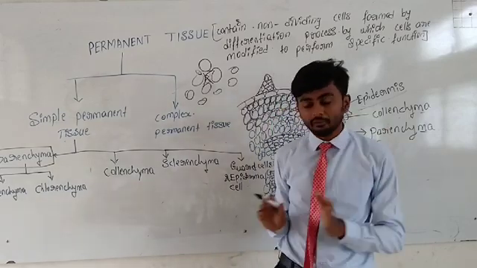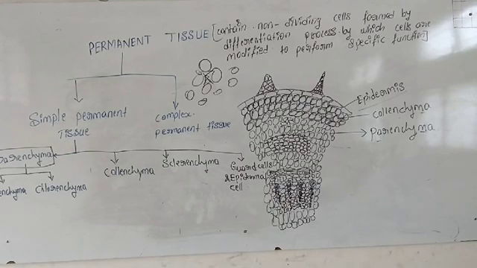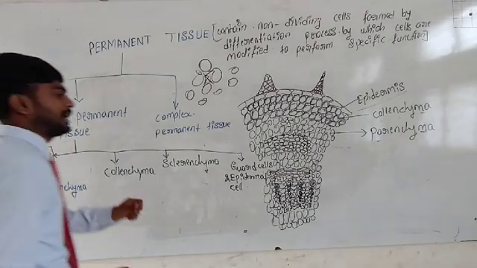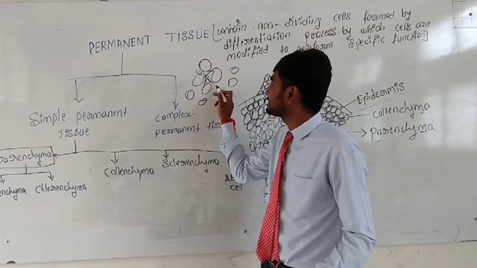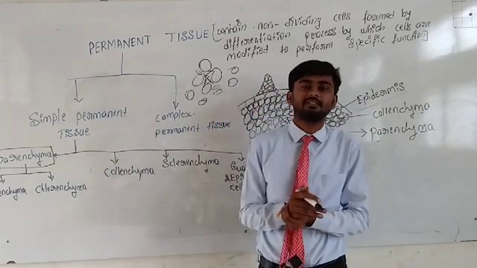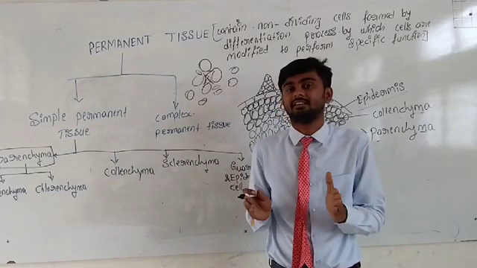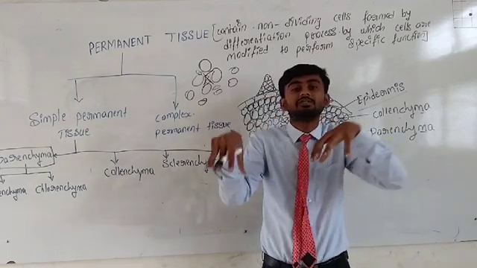Intercellular space, it means what? The space present between two cells or many cells. That is an intercellular space. Okay, there is a gap between the two cells.